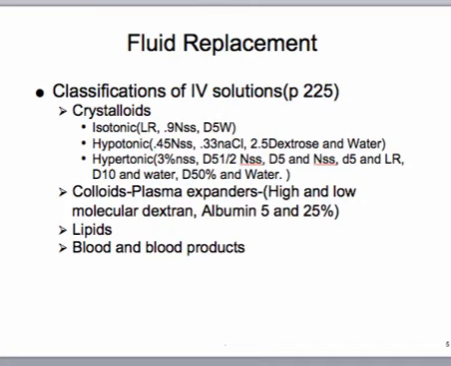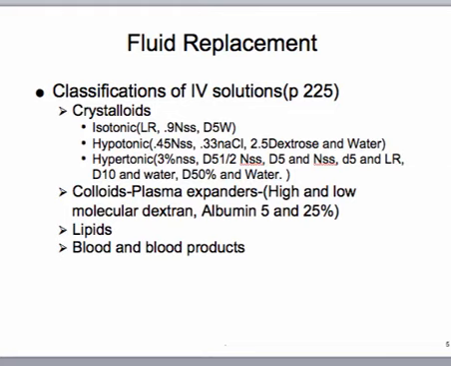Hypertonic is 3% normal saline, D5.5 normal saline, D5 and normal saline, D5 and lactated ringers, and D10 and water, and D50% and water. Crystalloids are used for dehydration, electrolyte imbalances, and short-term maintenance fluids.